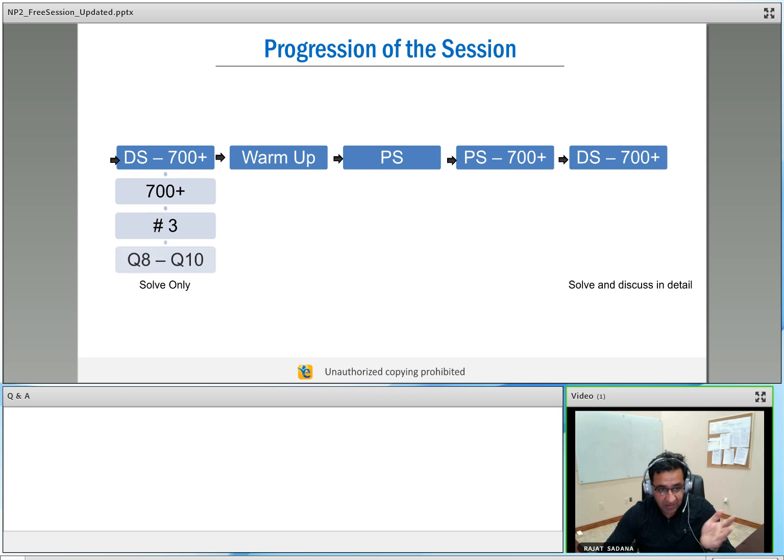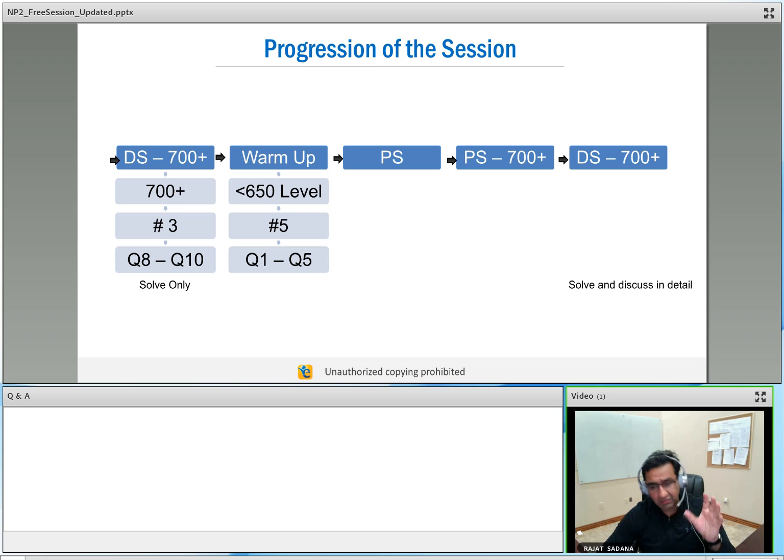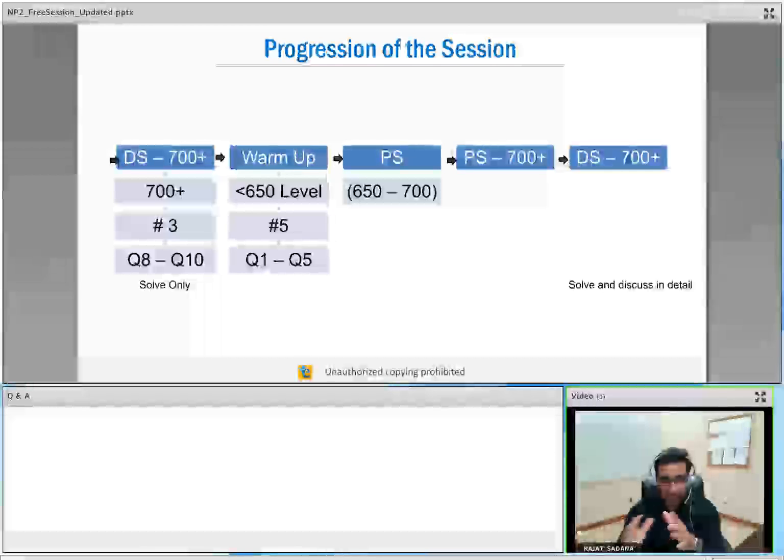So once again, 3 questions, 700 level. We call these Q8 to Q10. You'll see the polls would be numbered as well. Then we'll get to the warm-up stage. We're going to solve about 5 questions, less than 650 levels. These are foundational questions, basics. This is where if you're rusty with the basics, we want to make sure that we imbibe those basics in you. Then we get to the problem solving part, 650 to 700 level.